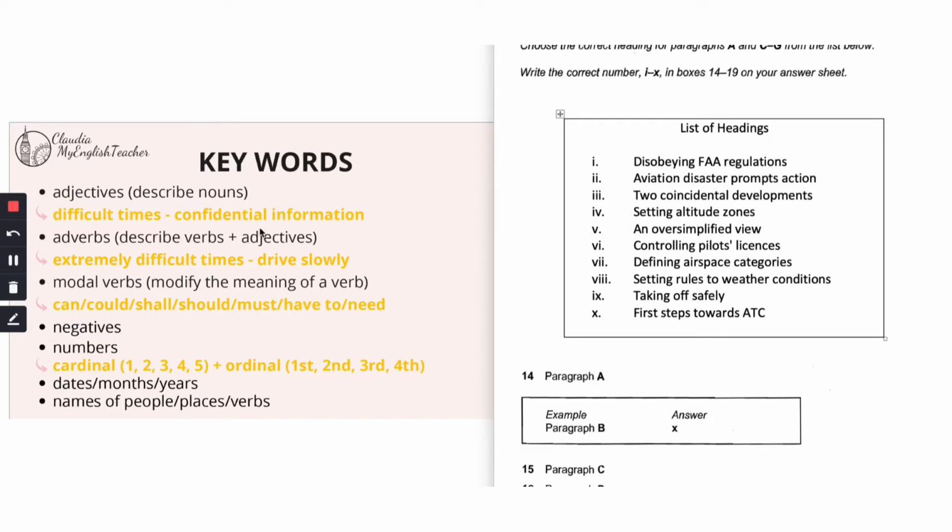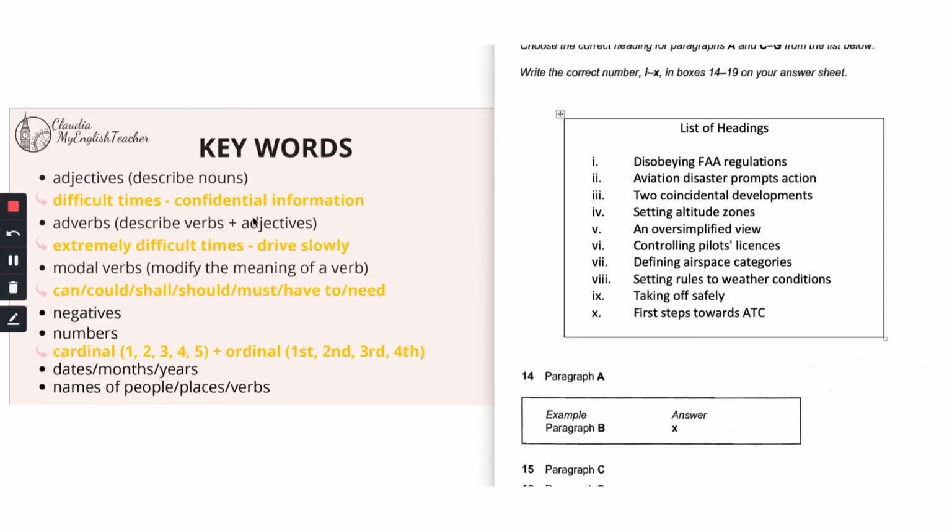Here on the left, I prepared a list for you. You can download this list in a PDF format from my website, claudiamyenglishteacher.com. I've also made a video on the keywords and how to find them in the questions and how to match the questions to the text.